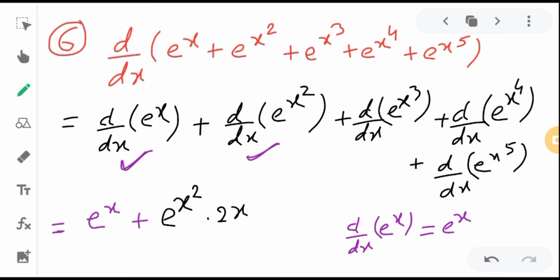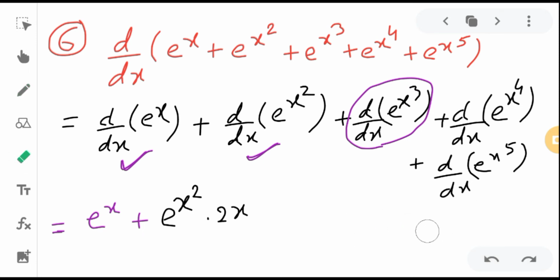Now similarly we can do this for the next term. In the same way, I will treat this x cube as x. The derivative of e to the power x is e to the power x, but instead of x it is x cube, and then the derivative of x cube with respect to x is 3x square, correct?